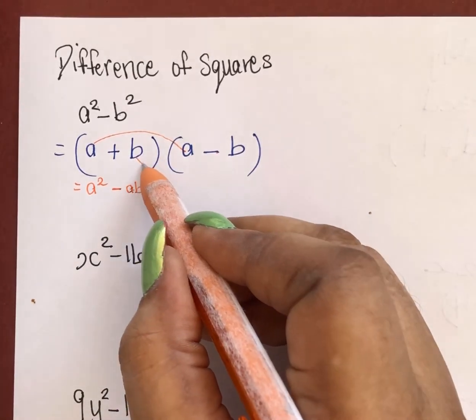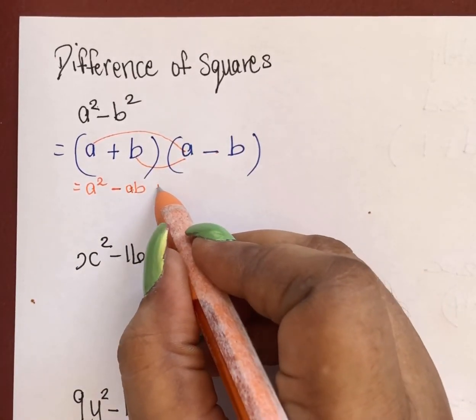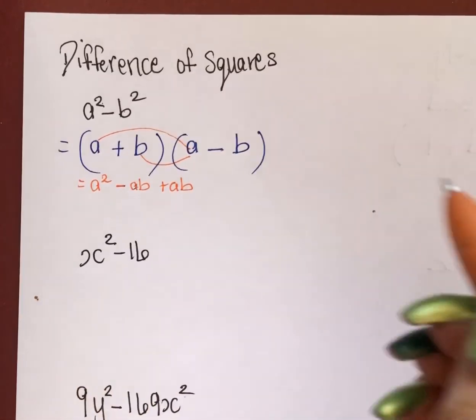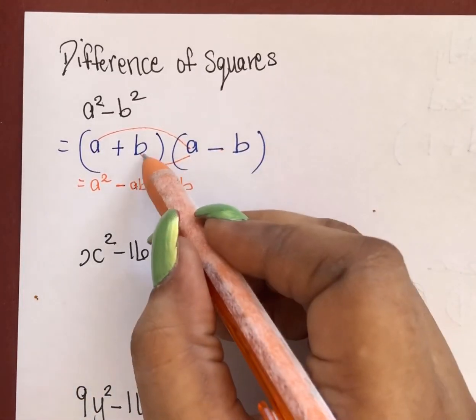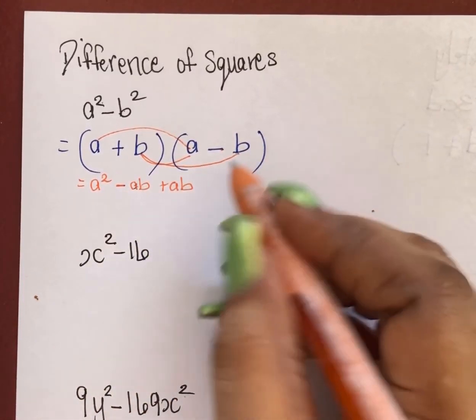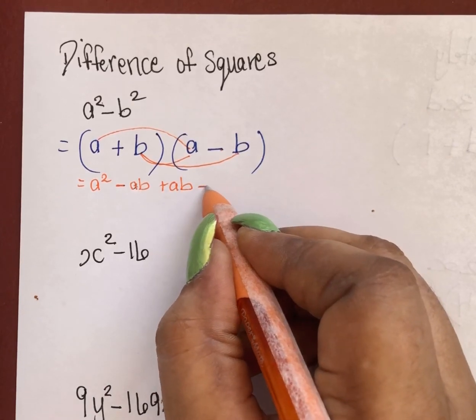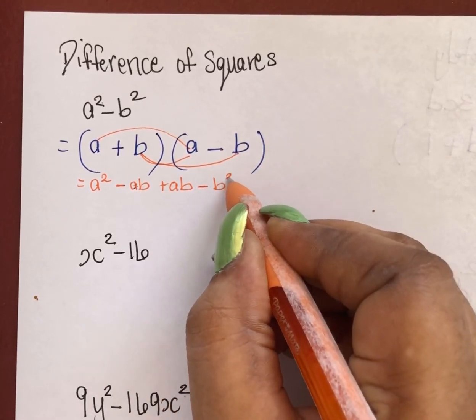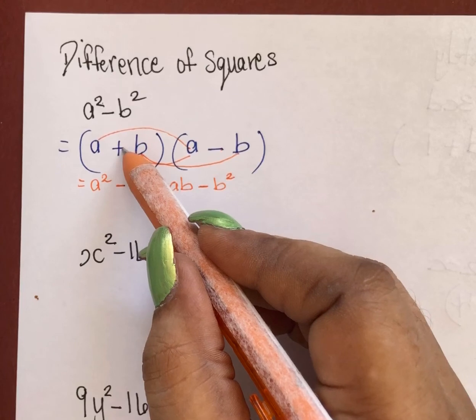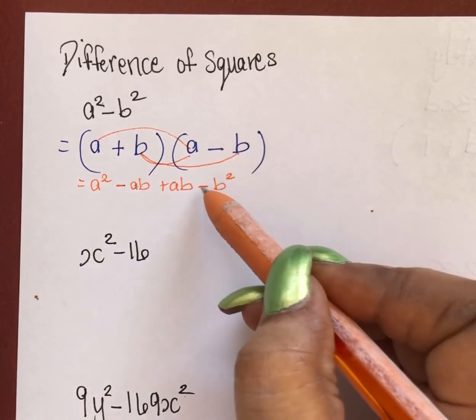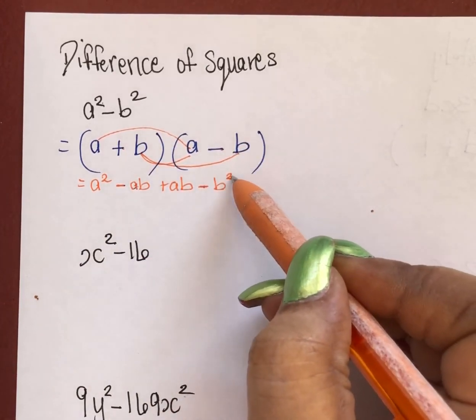And then b multiplied by a will give us a positive ab. And then the last part is b multiplied by b. Now remember, this is a positive b by a negative b. So we get a negative b squared.